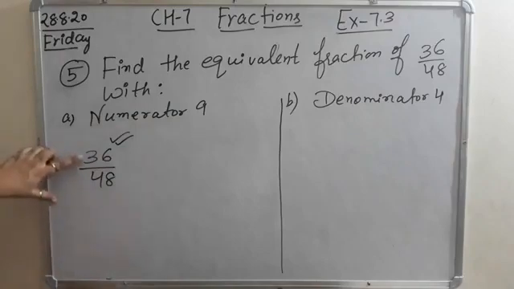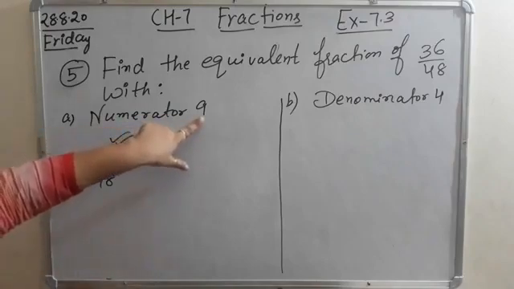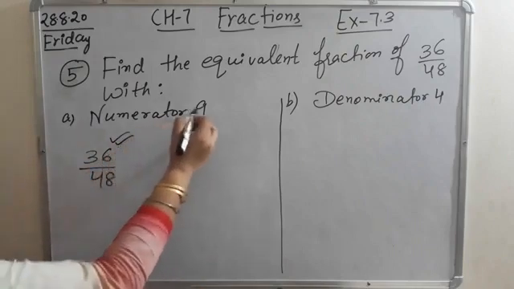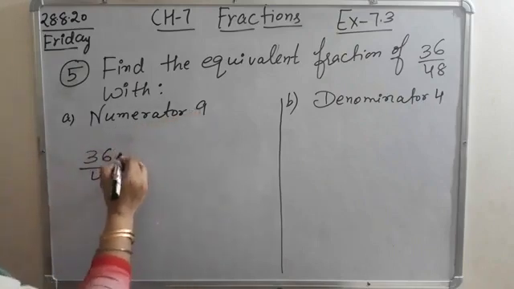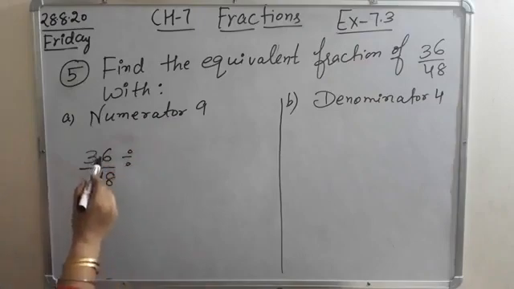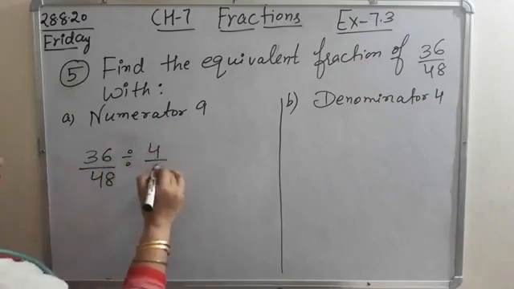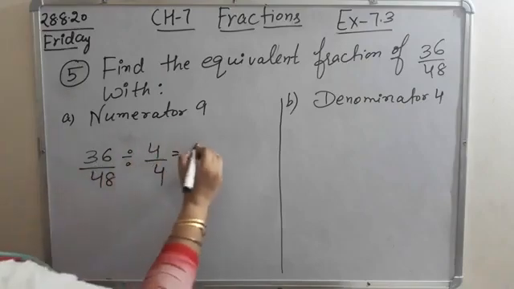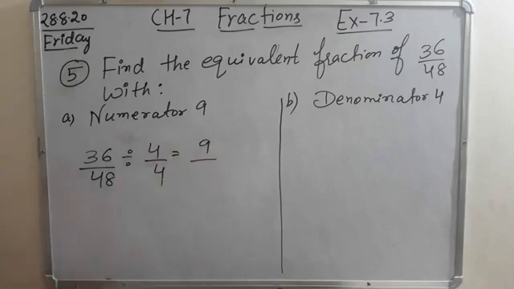Now change this numerator to 9. Now to change 36 to 9, we will divide both 36 and 48 by 4. So when you divide 36 by 4, you will get 9. And when you divide 48 by 4, you will get 12.